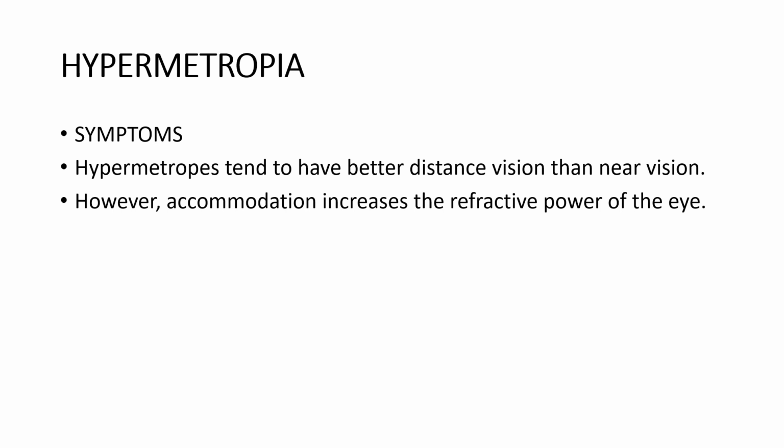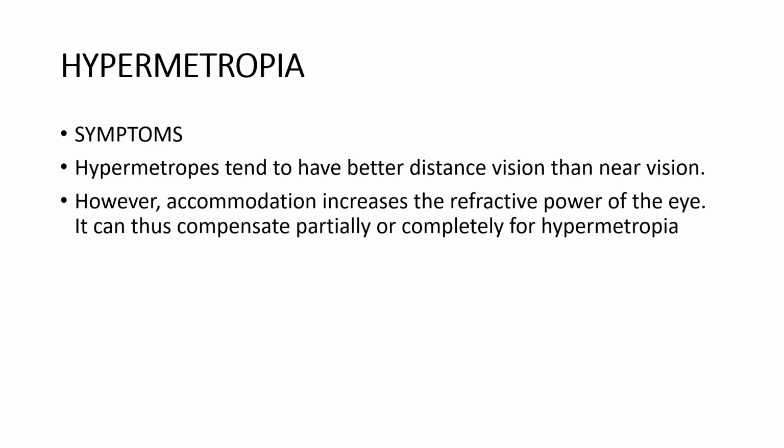But accommodation increases the refractive power of the eye, so to an extent, as long as they've got good accommodation, they can often compensate for their hypermetropia and still see distant objects focused on the retina.